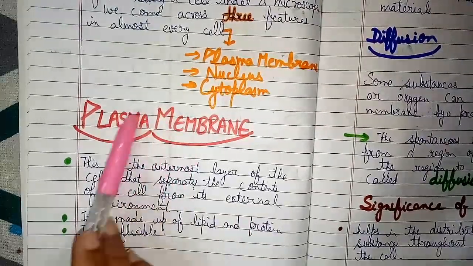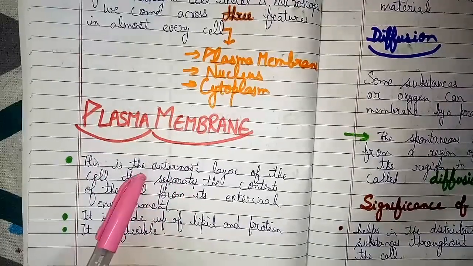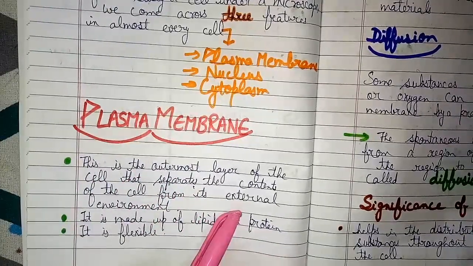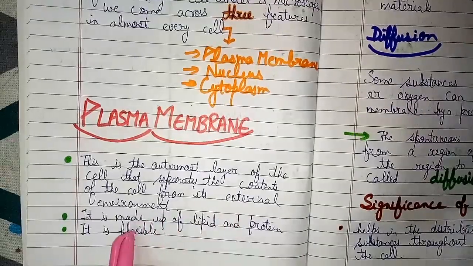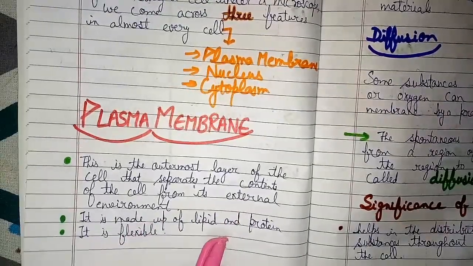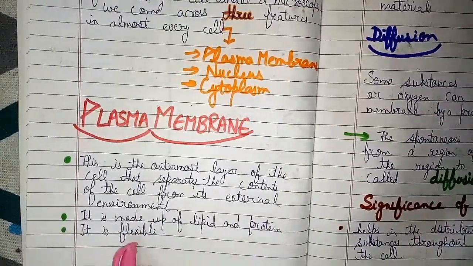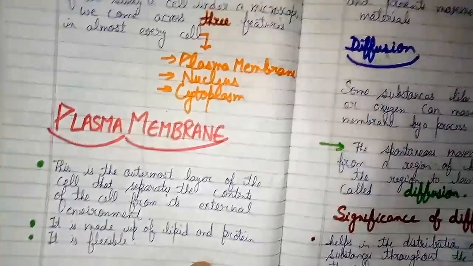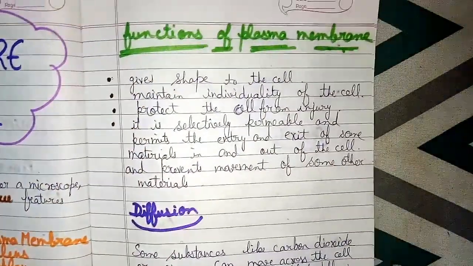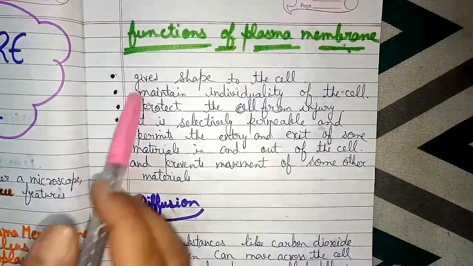It is made up of lipids and proteins, and it is flexible in nature. These are the properties of the plasma membrane.